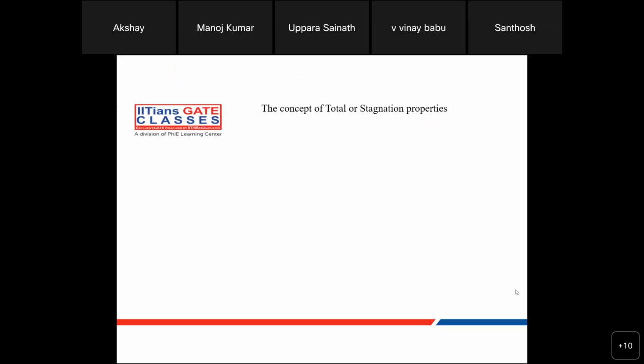We will be using these total properties a lot. Whatever we do in propulsion, whether analyzing engine characteristics, the thrust equation or any efficiencies, whenever we define them, we will be using total or stagnation properties as a reference.